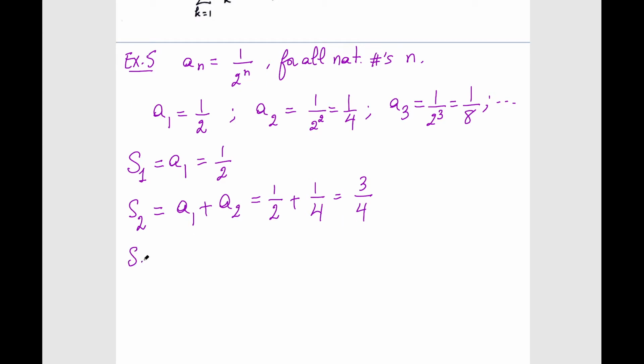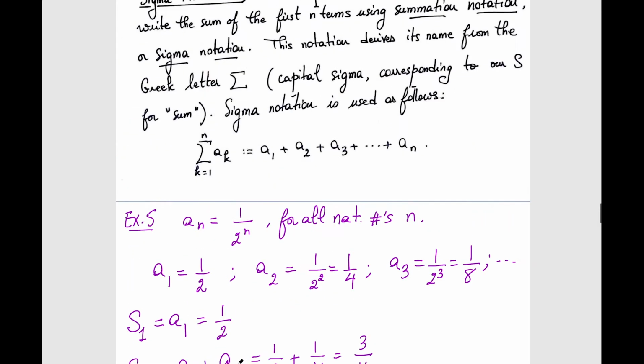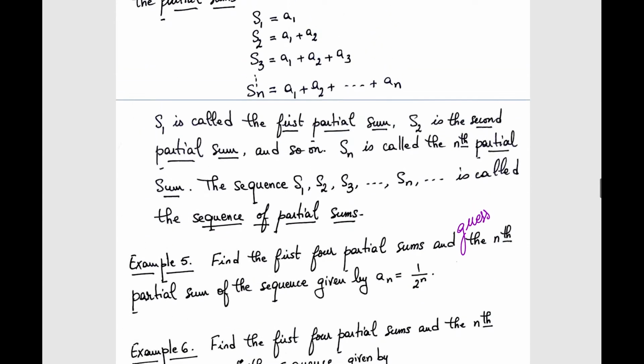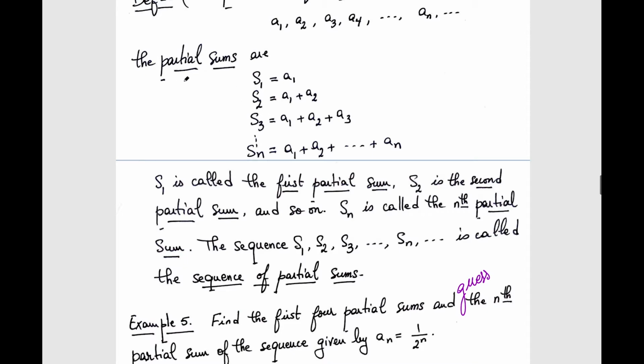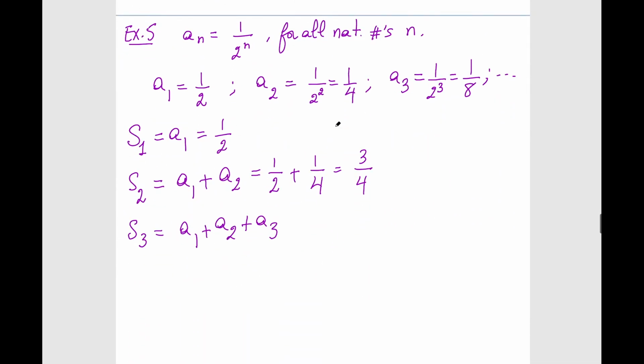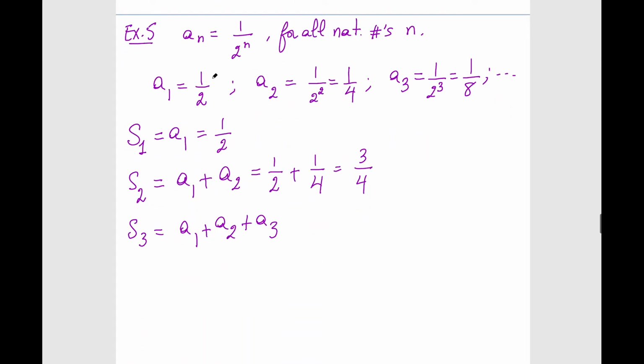What's the third partial sum? Well, the third partial sum is A1 plus A2 plus A3. That's the definition again, the definition of partial sums. I'm just applying it. So I need to find A1, A2, and A3. They are here: 1/2 for A1, 1/4 for A2, and 1/8 for A3.